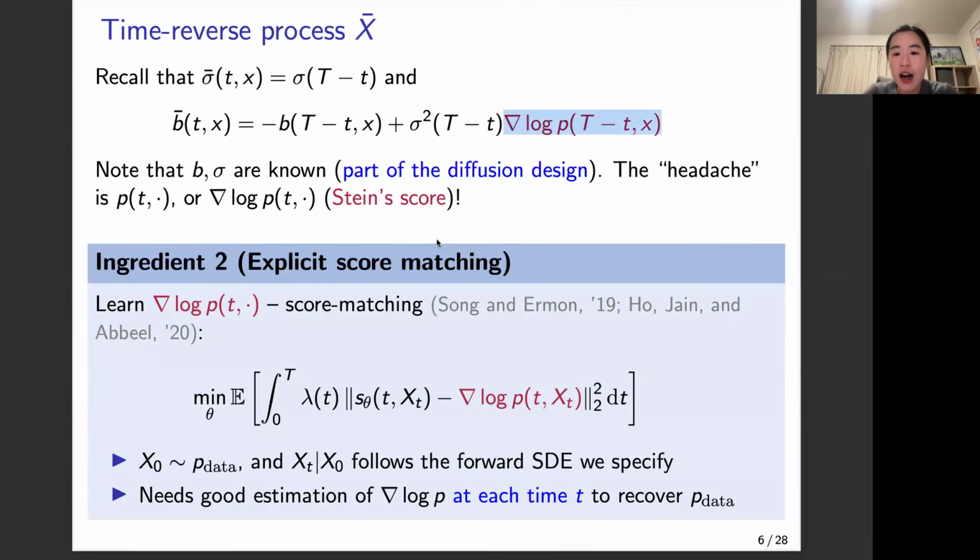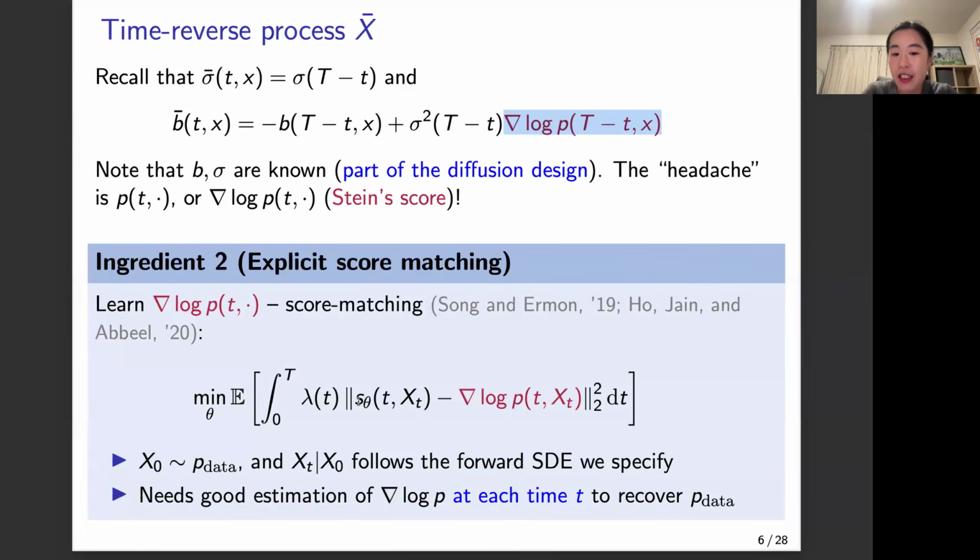So there are a few methods in the literature to approximate the gradient of log p, which is called score matching. We want to specify a functional class, usually a parametric one. For example, we can think about a neural network with parameter theta, so that would be our S theta. And we want to use all the available data in our data sets to minimize this score matching error.